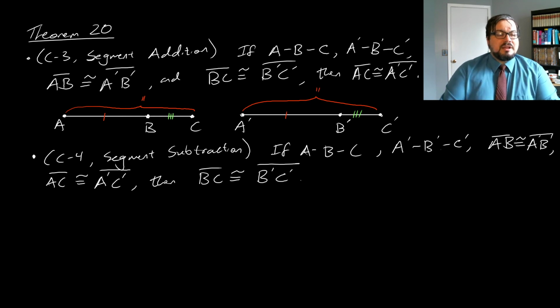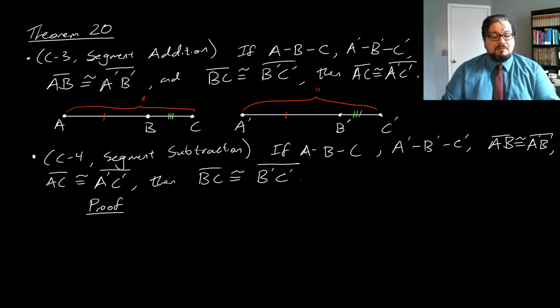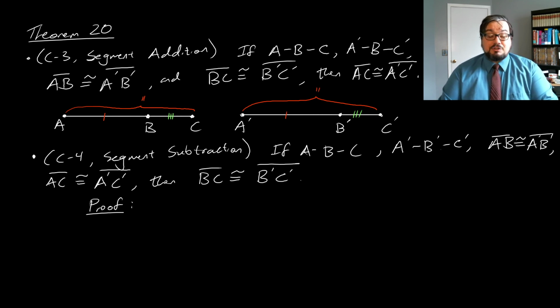So let's look at the proof of this very quickly before we make the last statement of the proof, of the theorem, rather. So the proof for this is pretty straightforward.